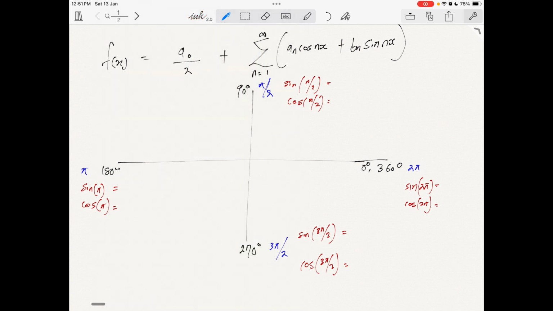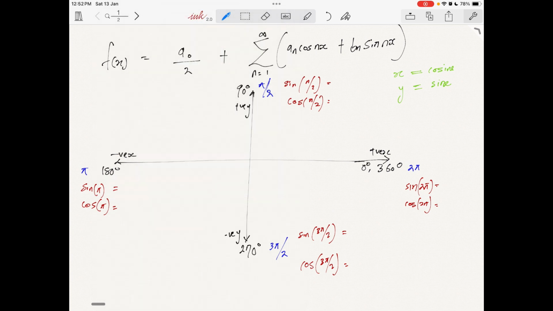Now, going back to the Cartesian plane, we know that this is the positive x-axis and this is the negative x-axis. This is the positive y-axis and this is the negative y-axis. Now the rule is simple. The x-axis belongs to cosine and the y-axis belongs to sine.